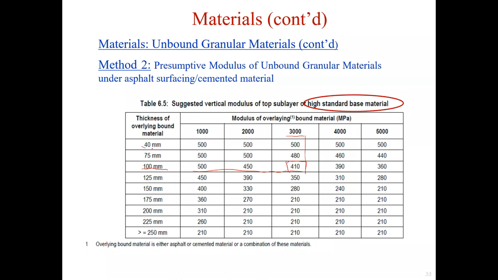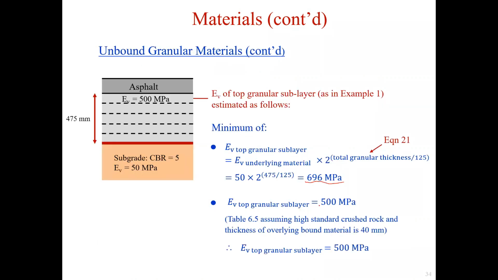For this thickness of 40, no matter the modulus of the overlying bound materials, we can see the vertical modulus of the top sublayer of high standard base material is all 500 megapascal. So that's how we pick up the value here. So the EV for this unbound granular material is the minimum of those two values. So it is 400 megapascal.